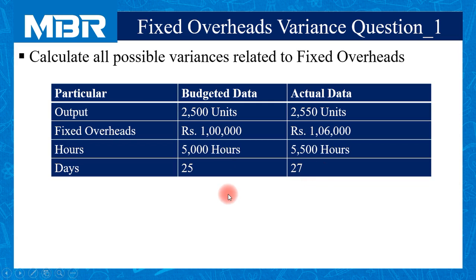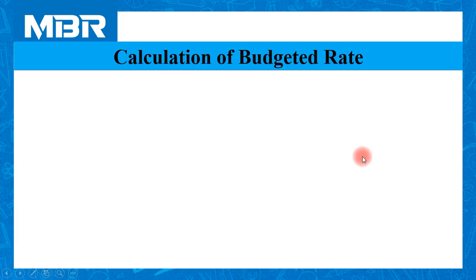As I discussed in the conceptual framework, it is compulsory for us to calculate a few basic items before application of fixed overhead variances. Let us calculate all items one by one. The first and foremost step is the calculation of budgeted rate.